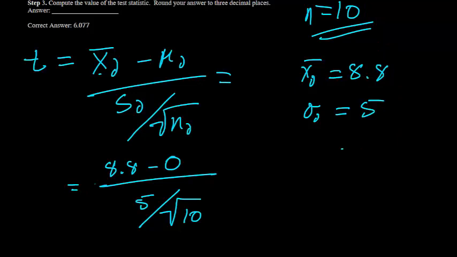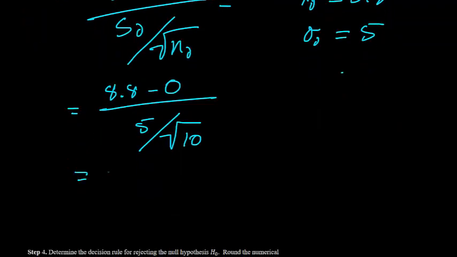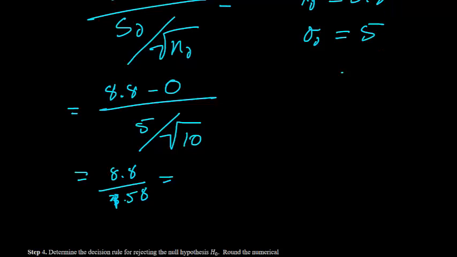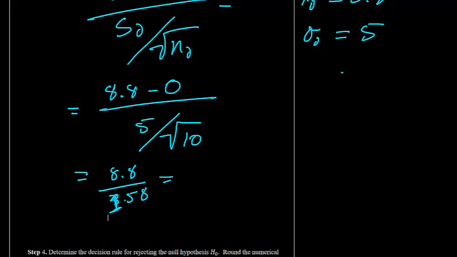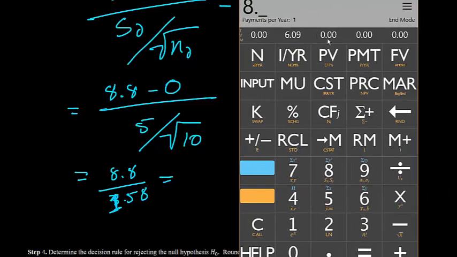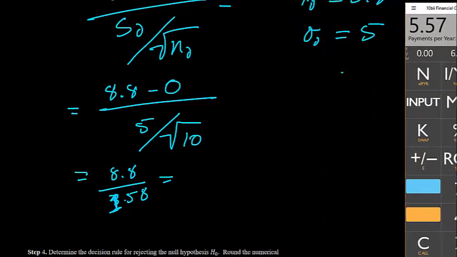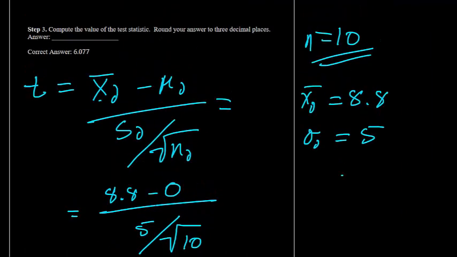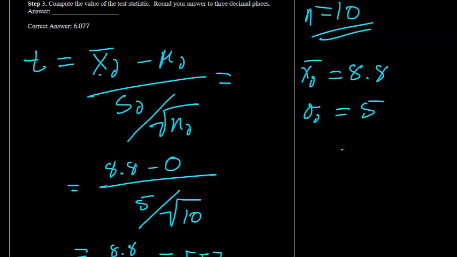So this is 8.8 divided by 1.58, which is equal to 5.57. Please be correct. Hmm, 6.07? I wonder if that's a rounding issue.